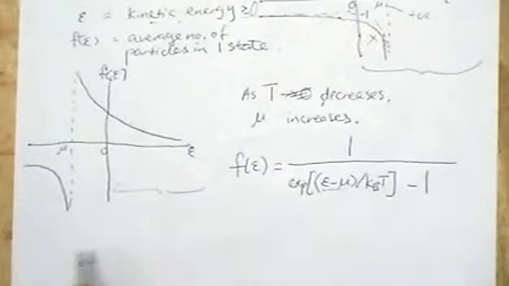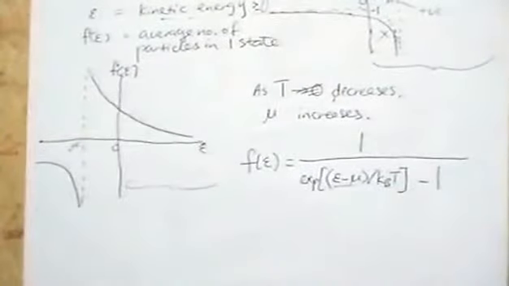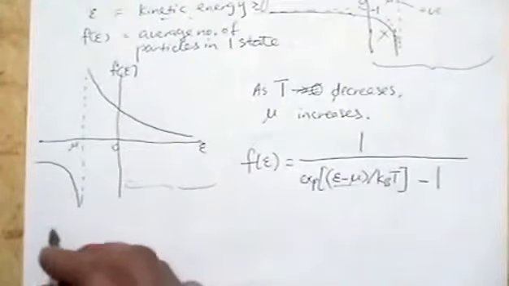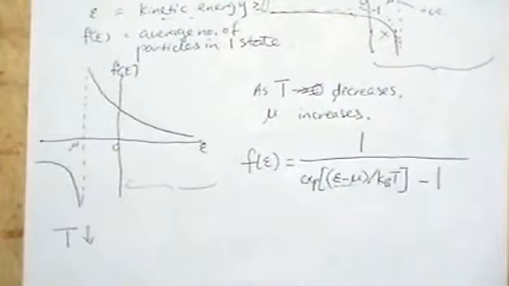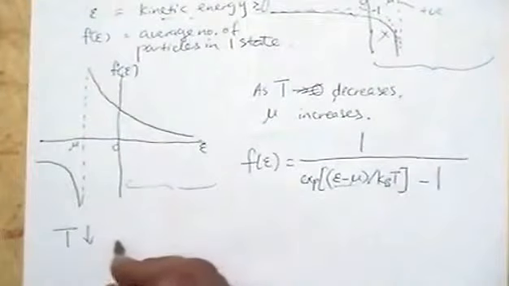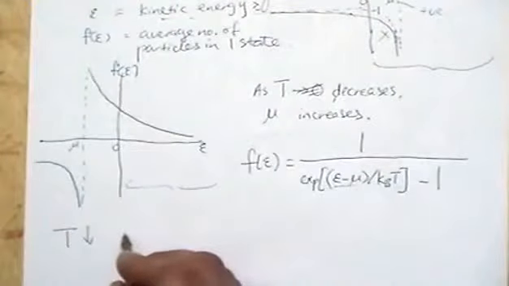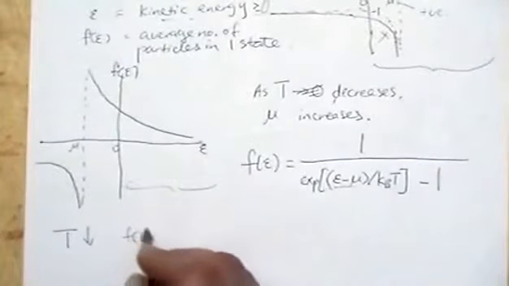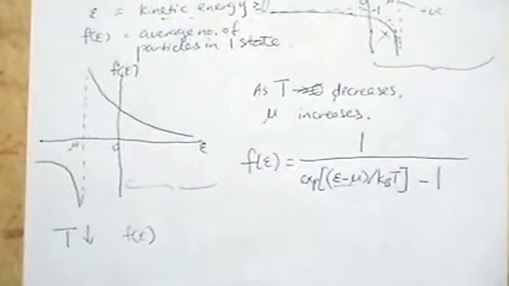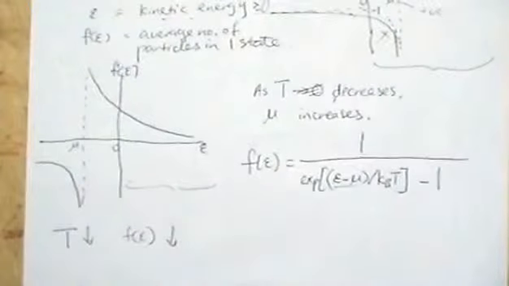So let me write this out. We are seeing that as T decreases, Fe decreases.